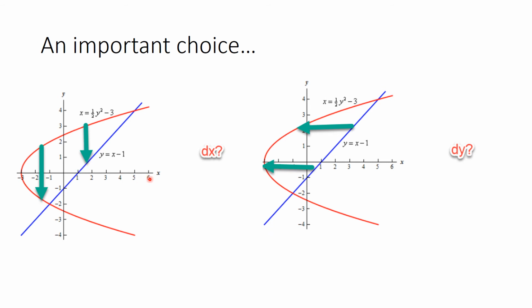From -1 to the rest of the way, you have the red on top but the blue on bottom. Now dy, so there's two integrals that we would have to do.